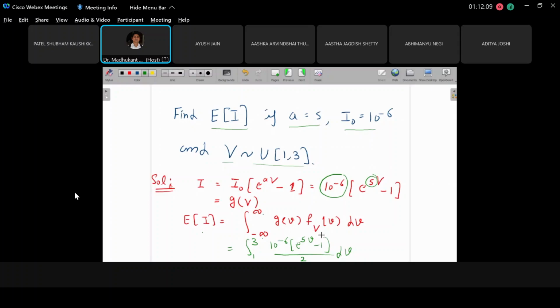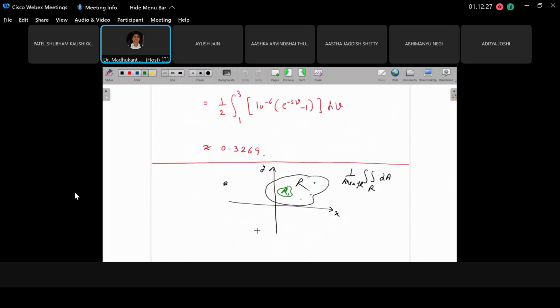And now you know how to integrate e to the power 5v, and you put upper limit minus lower limit. That will give you the final answer. You can also verify that the final answer is 0.3269.